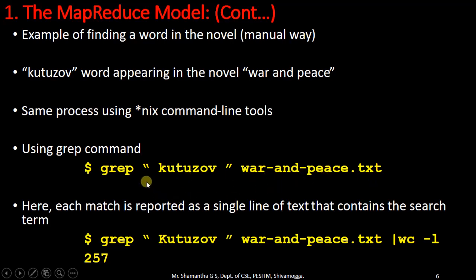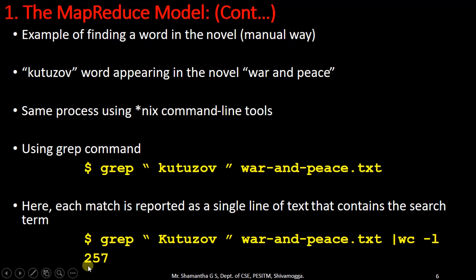To make the output more understandable, we are going to modify this command line. The new command is grep Kutuzov war and peace.txt, piped to wc -l. This command is going to report the number of lines it receives.